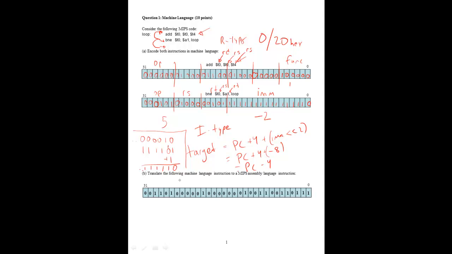And finally, to translate the below machine instruction into a MIPS assembly language instruction, the first step is to decode the opcode. So as always, the first 6 bits are the opcode. The first step is to convert this into hex, and so I have my 8-bit set and my 4-bit set and my 1-bit set.